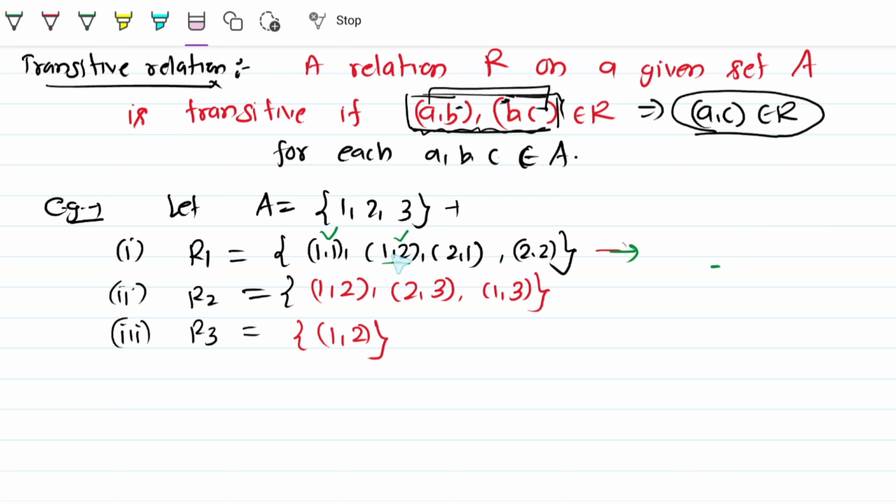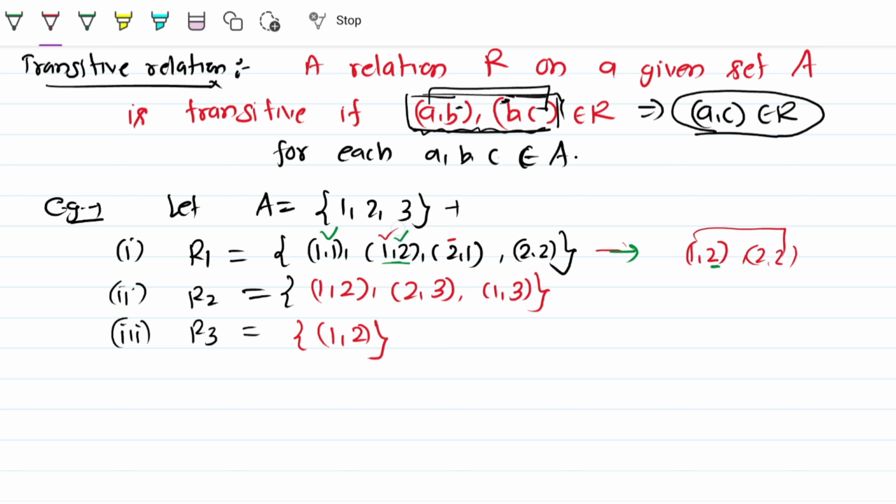Now I will start with (1,2). For connectivity the next element should start with 2, so we have the choice (2,1). Then the first and last, (1,1), belongs to R. If we take (1,2) and then (2,2), again (1,2) is already there, so it holds. Now (2,1) and (1,1), then (2,1) is there.